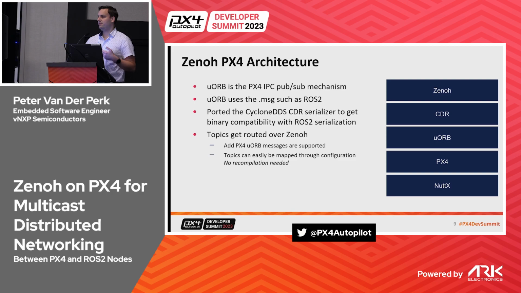So the nice thing we could do with that is that we ported the DDS serializer of the packets, so we can now do full DDS serialization inside PX4, and then we use Zenoh as a transport. And because of that, we can just reuse all the topics we have right now in PX4 inside ROS2. And potentially we can even expand some ROS2 messages back into PX4, although there are some limitations there.